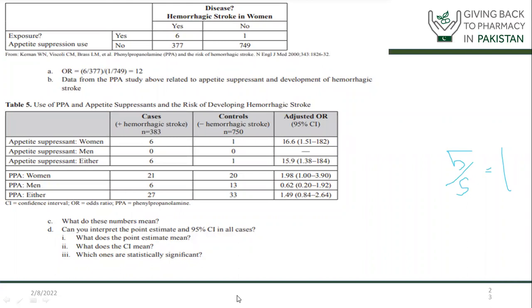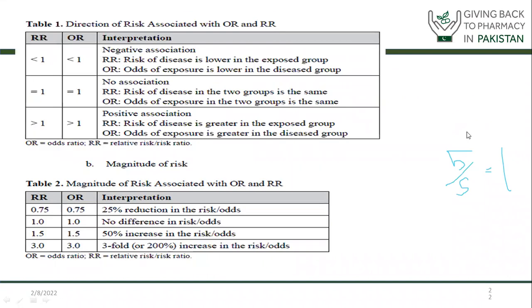So can anyone explain what it means by 12? Are you with me? Yeah. Can anyone explain? Here, I have just explained it to you. In the last line, we just saw that. Yeah, here, this is 3. OR is 3. So how many folds? 200%.